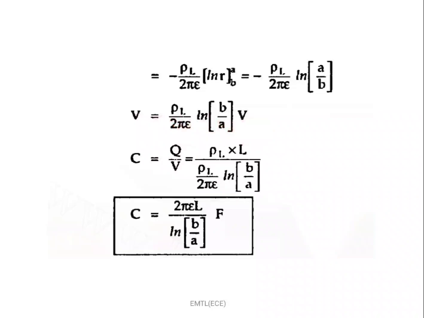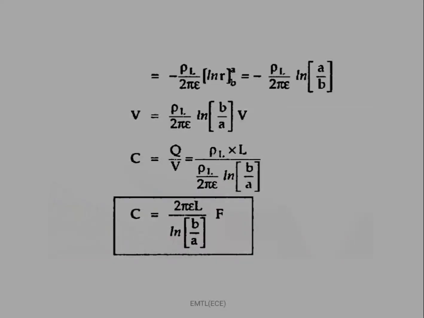But finally we have to calculate the capacitance for a coaxial cable. As per the definition of capacitance, C is equal to Q by V. Now the charge Q for this case is equal to rho L L, and the potential difference, substituting here, is rho L by 2 pi epsilon log of b by a.